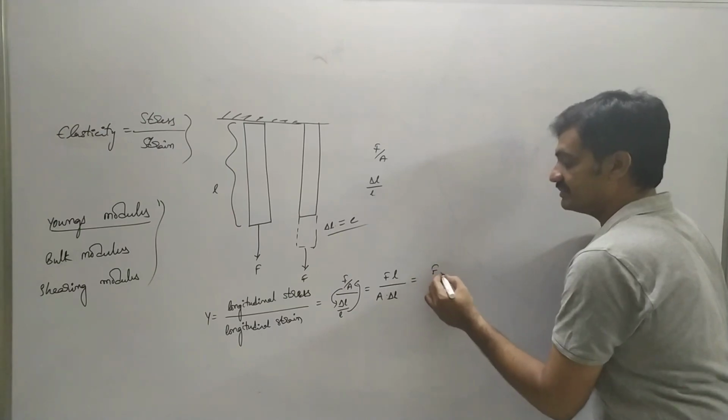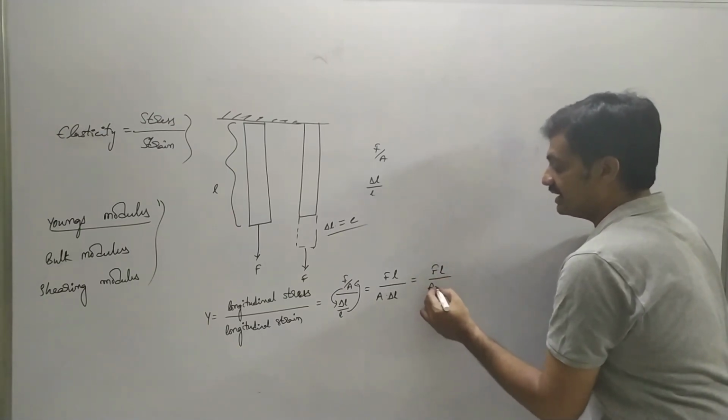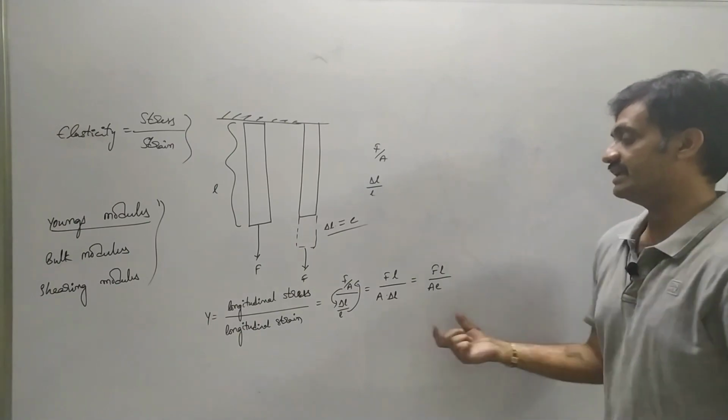Then the Young's modulus can be represented as FL by A into small e.